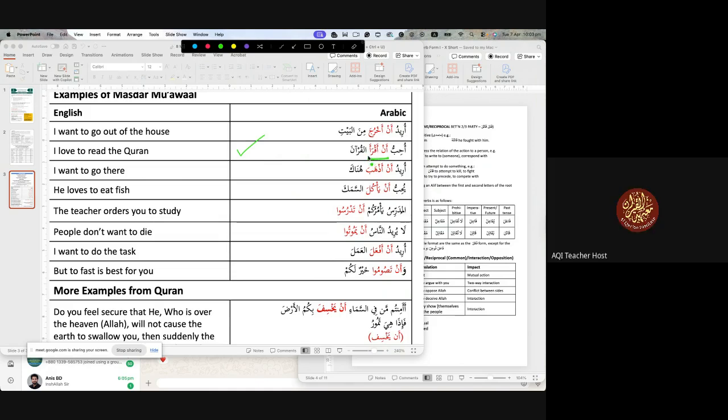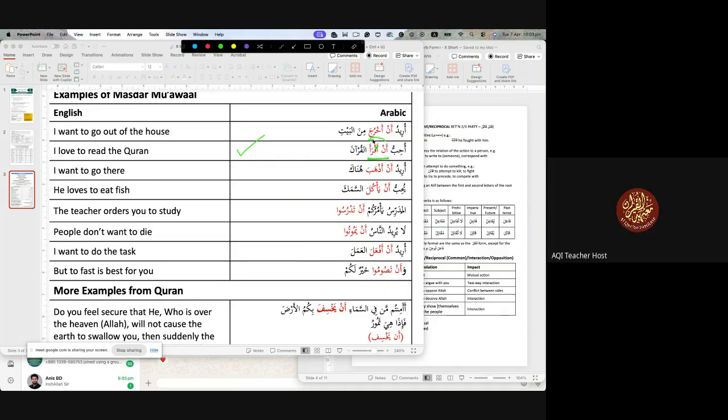Then why is it aqra'a here? Because of the an particle, it becomes mansoob. From aqra'u, it changed into aqra'a.